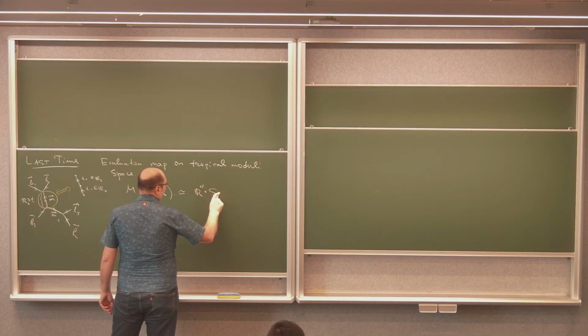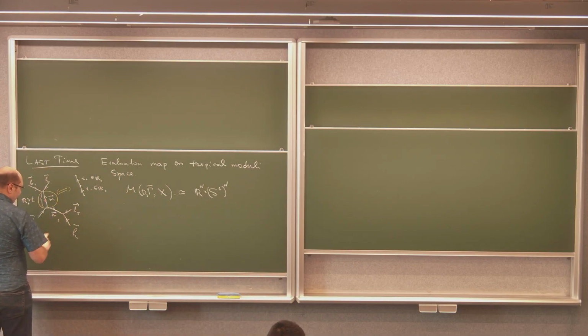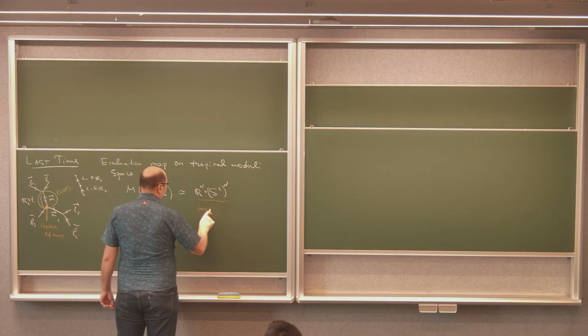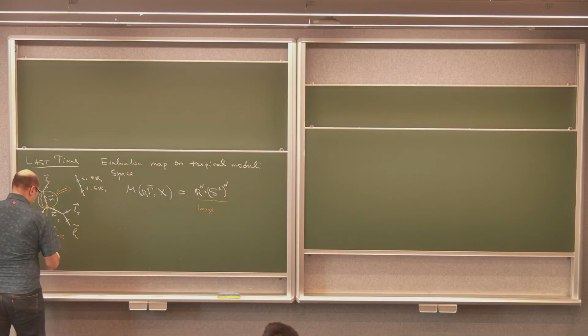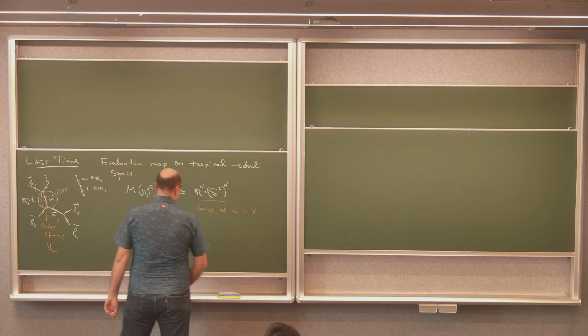We need to fix the position of some selected special vertex, let's call it in orange. For the sake of simplicity, let me choose this vertex as the center of mass, or you can just think of it as some specially selected vertex, and that is the image of VC in X.